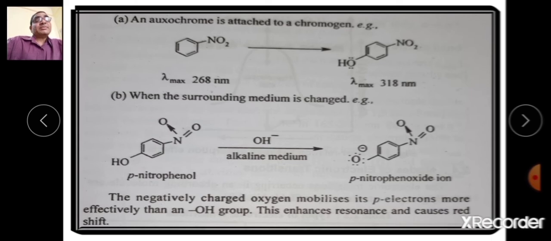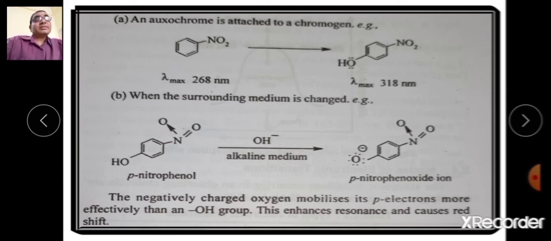The first example is nitrobenzene, where only the chromophore is present, and therefore the lambda max is 268 nanometer. And when an auxochrome is attached to this chromophore, that chromogen, the wavelength is increased to 318 nanometer, and this is to the longer wavelength, that is a red shift.